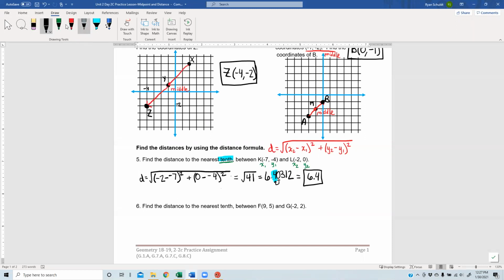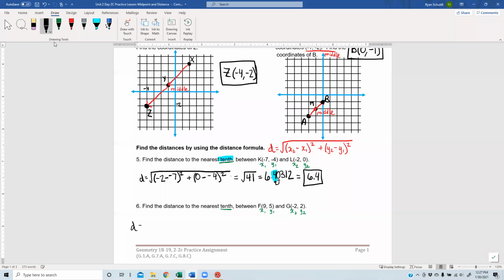Okay, next one. Find the distance to the nearest tenth. There's that tenth again. Between F, which is (9, 5), and G, which is (-2, 2). Okay, so I labeled my points as I read, x1, y1, x2, y2.